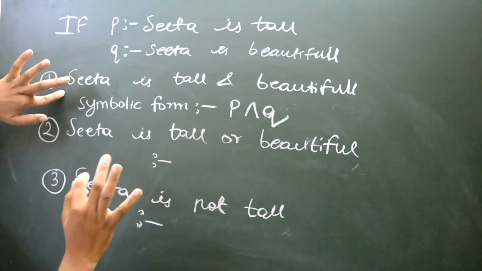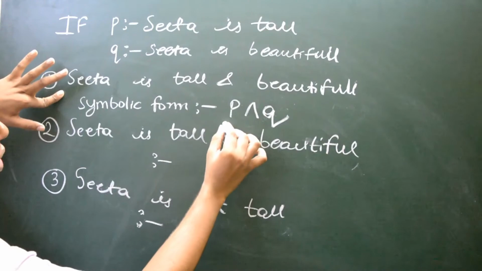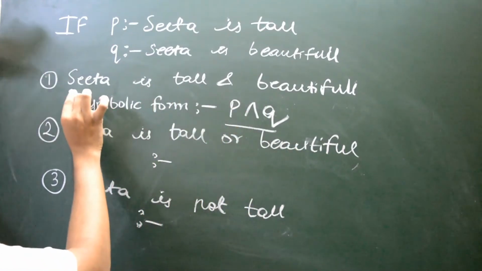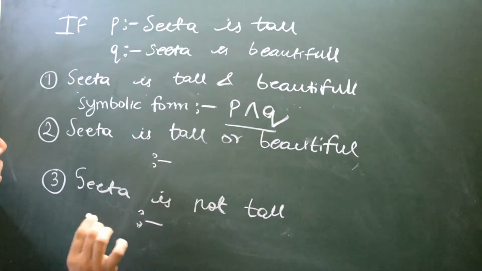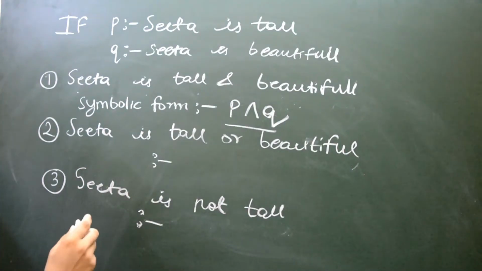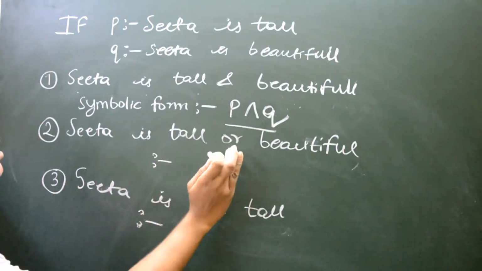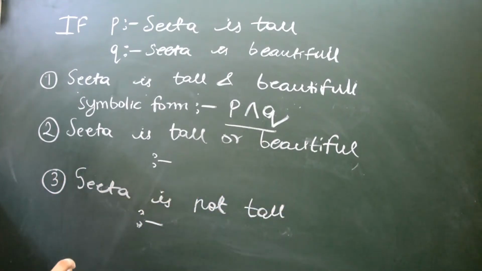The symbolic form is this, and the sentence is Sita is tall and beautiful. Then the second sentence is Sita is tall or beautiful. So what will be the symbolic form of this?